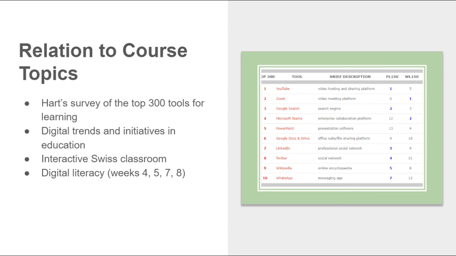I found that many of the videos related to topics that were discussed in previous weeks during this course. I already mentioned Hart's survey of the top 300 tools for learning and the Digital Trends and Initiatives in Education article in the video summaries. Additionally, I found that all of the classrooms in the videos resembled the technology-rich classroom in Switzerland from the video that we watched in week 2.